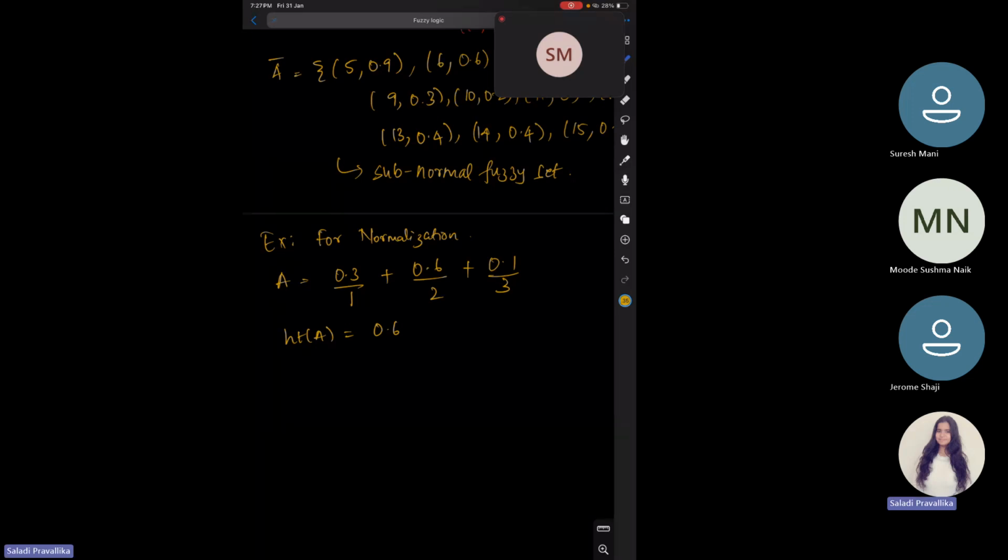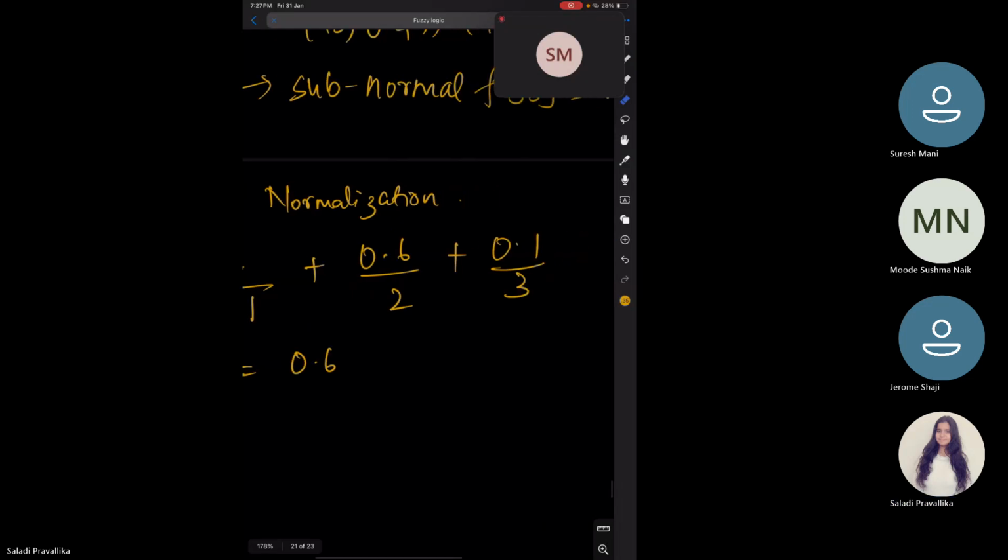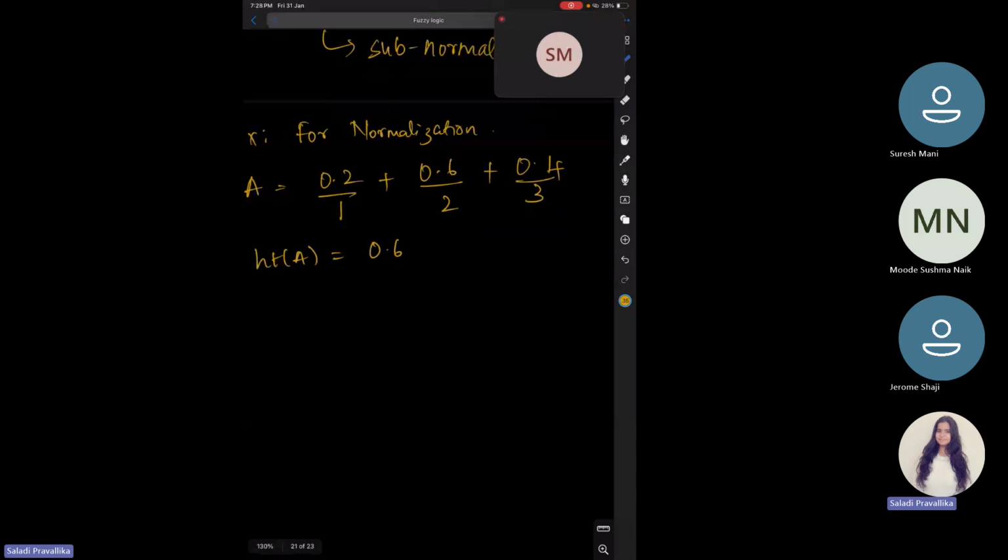Let's make it easier for us and take even numbers. A is equal to this fuzzy set, and the height is 0.6.